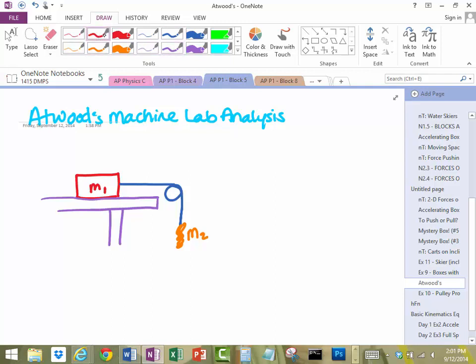So what forces do you have on M1? Raise your hand if you can tell me. Ooh, pick me. M2 and M1, which one? Is it right? Awesome. Other forces on M1.